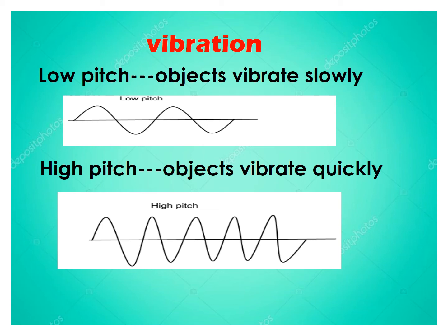Low-pitched sounds and high-pitched sounds have different vibrations. When the sound produced is low-pitched, the objects vibrate slowly. When the sound produced is high-pitched, the objects vibrate quickly. Look at the picture so you will understand it better.